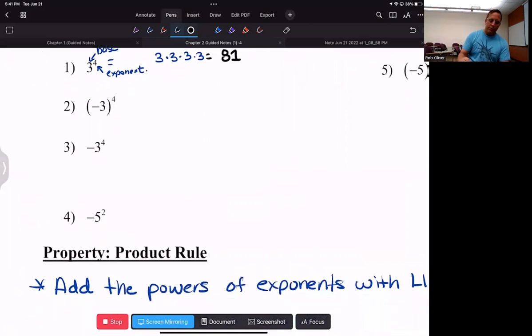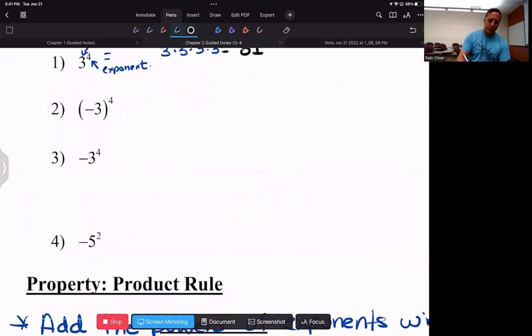All right. And then for number 2, we're going to pay attention to the fact that we have an even power. And for number 3, there's no parentheses versus number 2 that does have parentheses. So when there are parentheses, we pay attention to the fact that it's even. I should have started off with that. But you've got negative 3 to the 4th power. Since it's an even power, it's going to come out as positive. So it's the same thing as before.